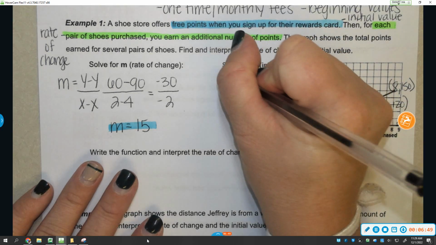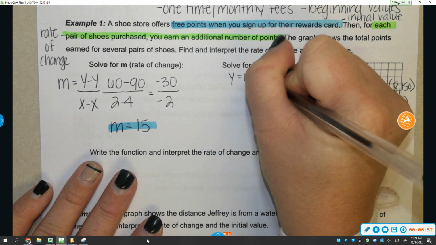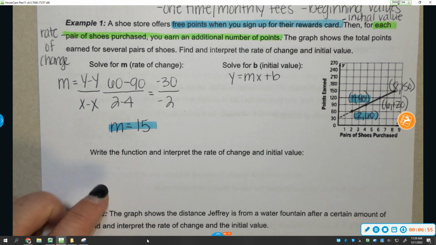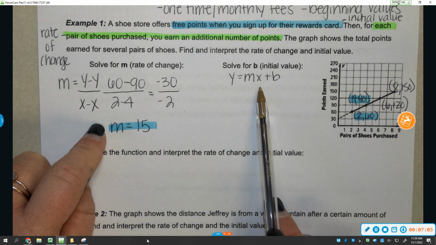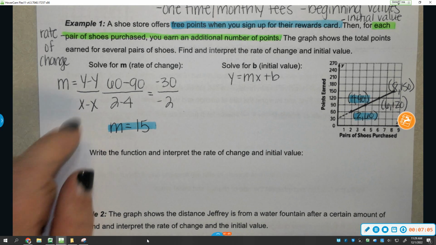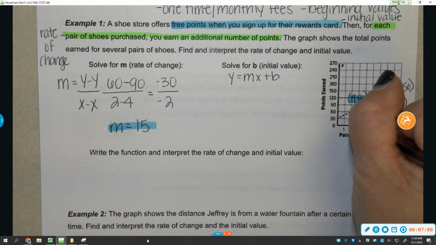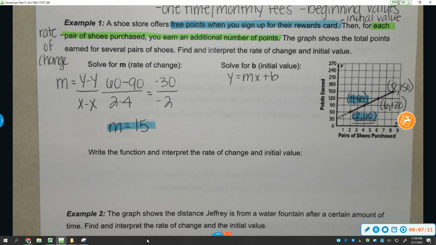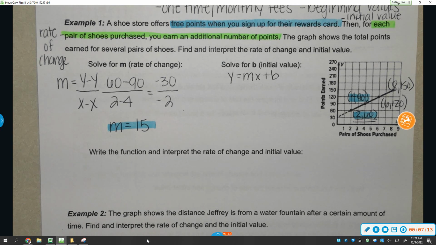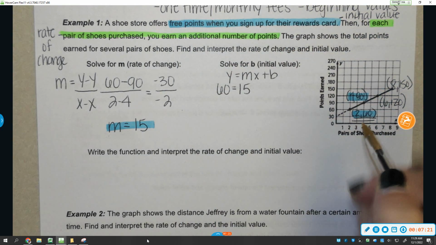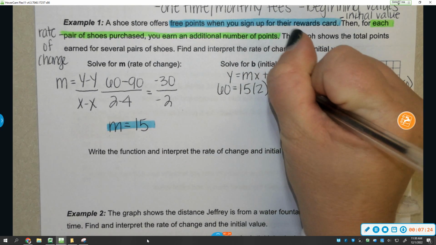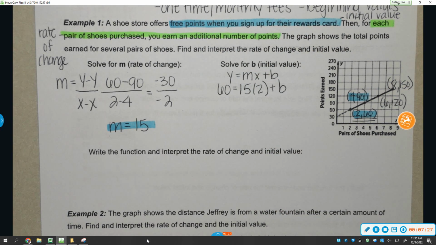Now, to solve for b, we always start with our slope-intercept form. We have our m, and we could use any one of these four ordered pairs for our y and our x. Again, just to keep things uniform, I'm going to use the first one. So my y is 60, my m is 15, my x is 2, and I'm going to use those three values to solve for b.